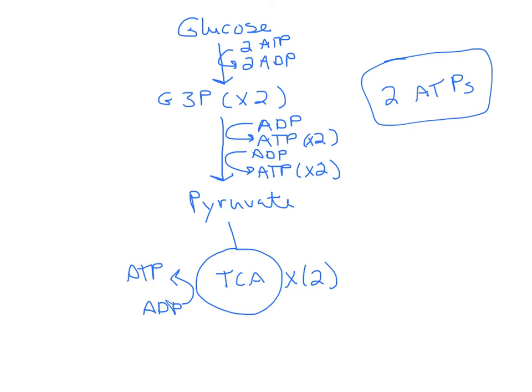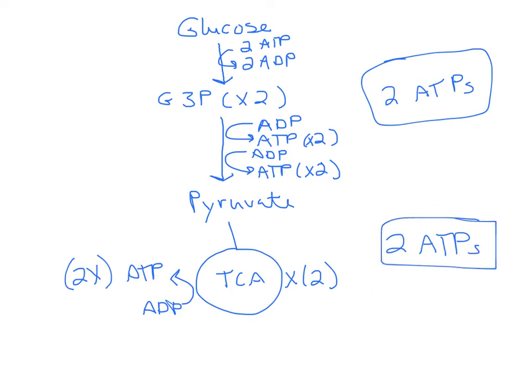And since you are running the TCA cycle twice for every glucose, then you can multiply that by 2. So for the TCA cycle, you get another 2 ATPs. So for both of these pathways combined, you get 4 ATPs via substrate level phosphorylation.